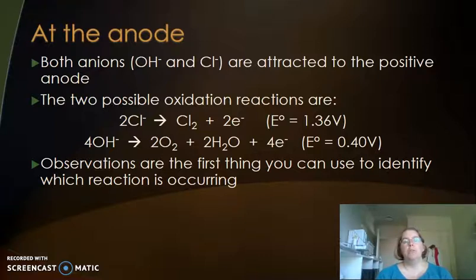So when you want to figure out what's actually happening in your system, the first thing you want to start with is the observations. That is more important than anything else, because if you are smelling a pungent gas that smells like the swimming pool, then you know you must have chlorine gas being formed. Similarly, if you have bubbles of gas but no odor, then it is unlikely that chlorine gas is going to be formed.